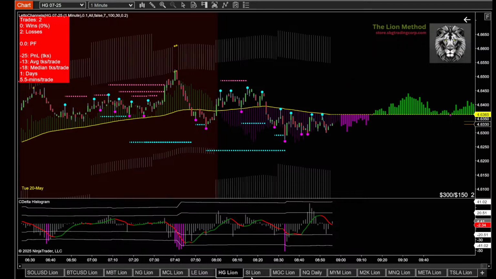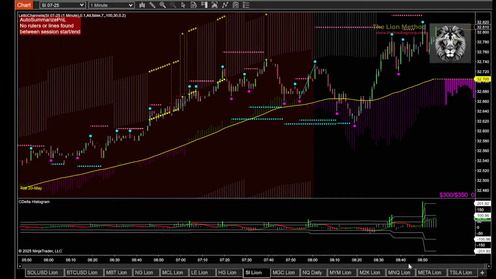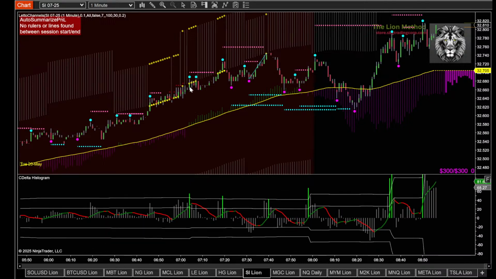That was on copper. Take a look at silver here, see if we have anything setting up in silver. So we had buying into overbought, buying into overbought. So that tells us the buying is pretty strong in this area. Normally we would look for selling here because we're overbought.